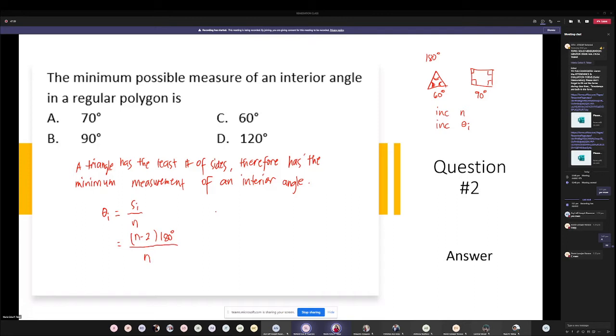So each interior angle of a triangle, n here is 3 because we're talking about a triangle. So it's 3 minus 2 times 180 degrees, then divided by 3. So that's 1 times 180, or 180 divided by 3, so that's 60 degrees. So the minimum possible measure of an interior angle in a regular polygon is 60 degrees, which is letter C.